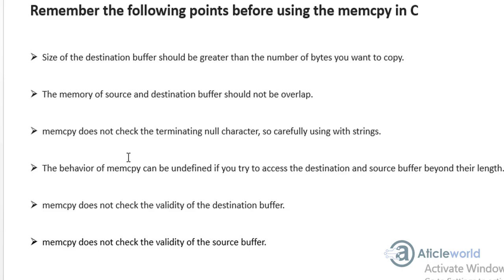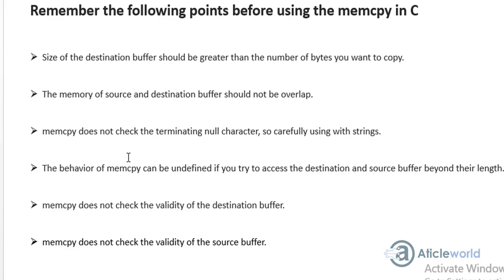And the fourth point is similar to the first point. If you try to access the destination buffer and the source buffer beyond their length, then the behavior will be undefined. And the fifth point is that memcpy does not validate the memory which you have passed in the parameter.